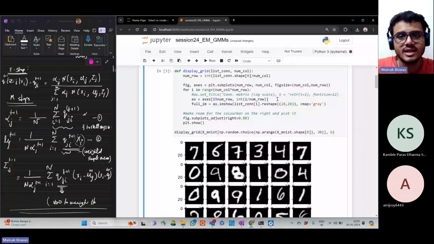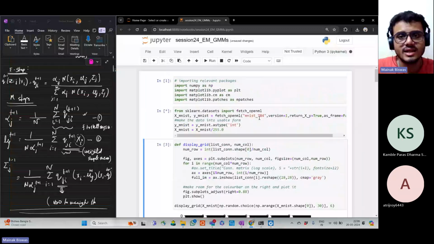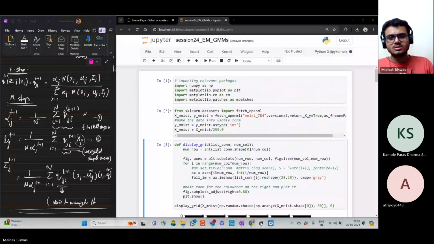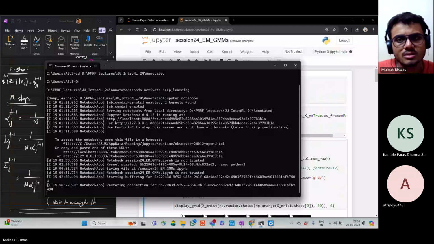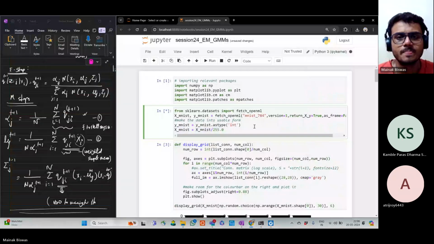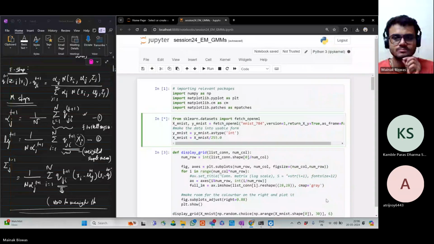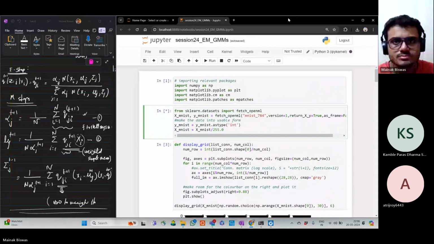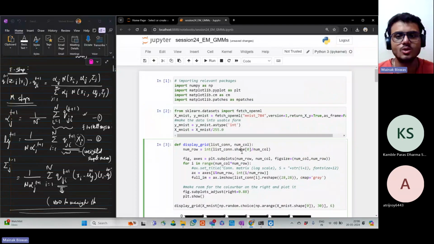There'll be 70,000 data points, each with a 28 by 28 shape. I don't know why it is taking so long. Is there an internet issue? Yeah, it has loaded.